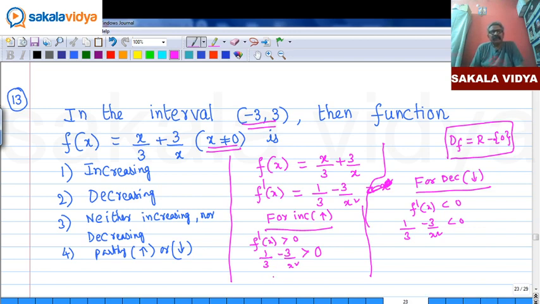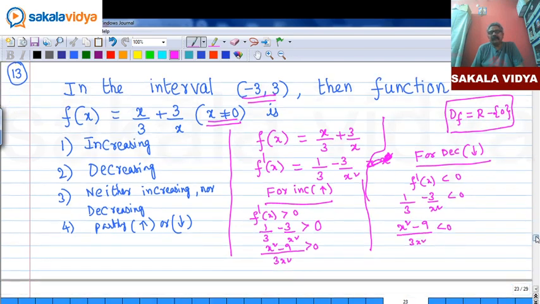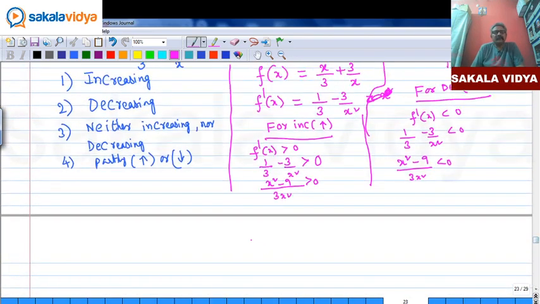So, now you get it like this: 3x square. So, x square minus 9 greater than 0. Here also, x square minus 9 by 3x square less than 0. Here x square minus 9 greater than 0, here x square minus 9 less than 0.